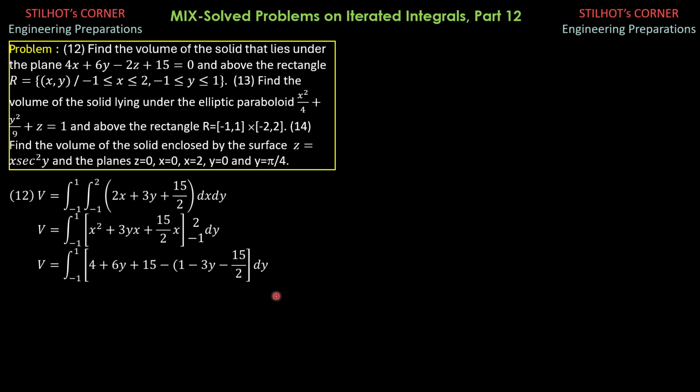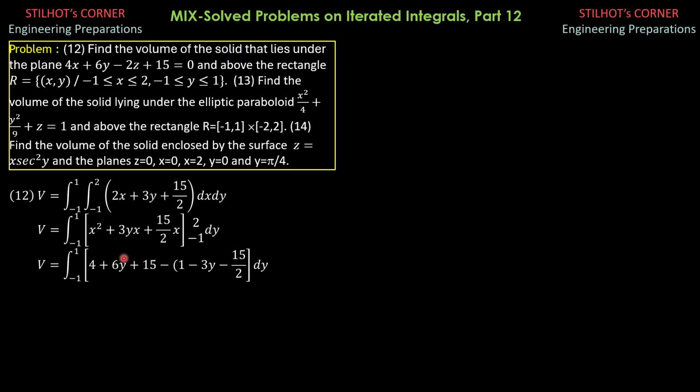If we simplify, this is 4 plus 15, 19, minus 1, 18, then plus 15 halves, that's 51 over 2. Then 6y minus negative 3y is 9y. So the integral of 51 over 2 is 51 over 2 y.